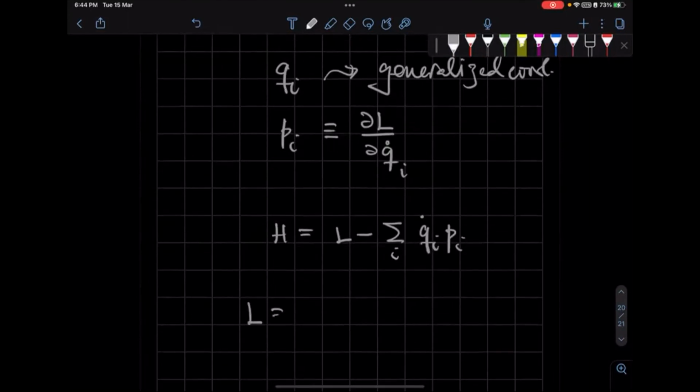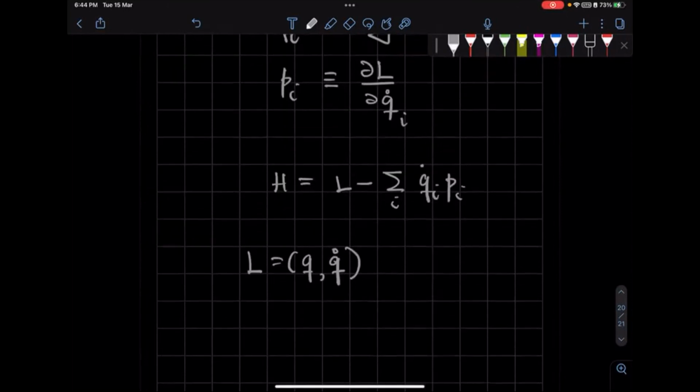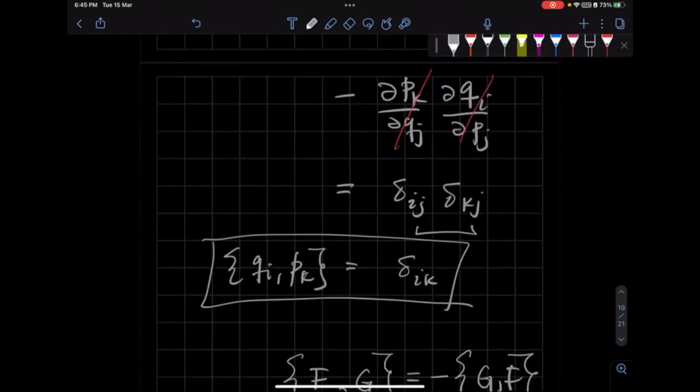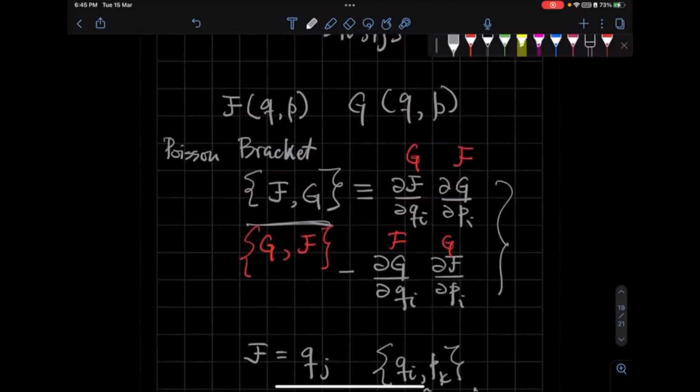Because the Lagrangian is a function of the generalized coordinates and the generalized velocities, this is what is known as a Legendre transformation, and I covered this in great detail in my statistical mechanics course. But from there you get to the Hamiltonian, and the Hamiltonian is a function of the generalized coordinates and the generalized momenta, or the canonically conjugate generalized momenta. So there is no derivative with respect to time in the Poisson bracket, which is defined here.